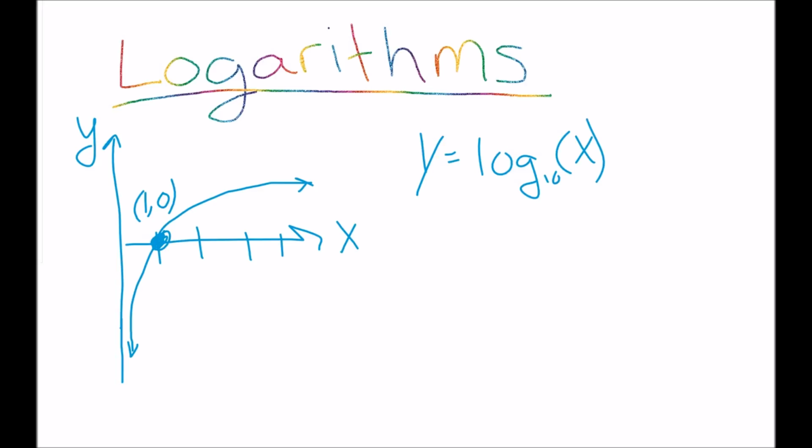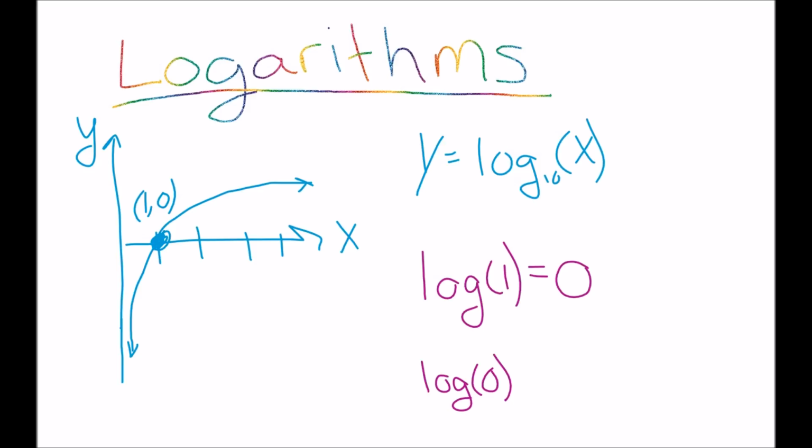Now, while we're on this, I want to talk about two main rules that sometimes are forgotten but are really important and will come back to haunt you, so let's get them out of the way. We have log of 1 and we have log of 0. The first one, the log of 1, is 0.